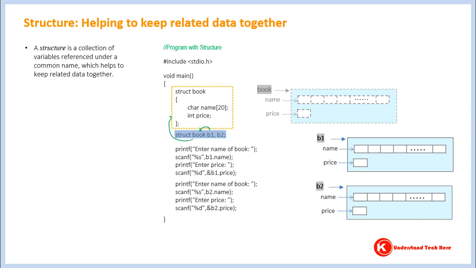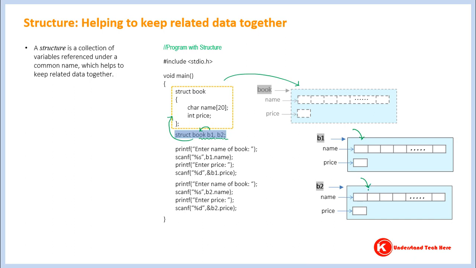As mentioned here, what kind of structure or construction does it refer to? This kind of construction or structure. So when we do book B1 and B2, B1 and B2 having the structure or construction as shown in the diagrams are created.